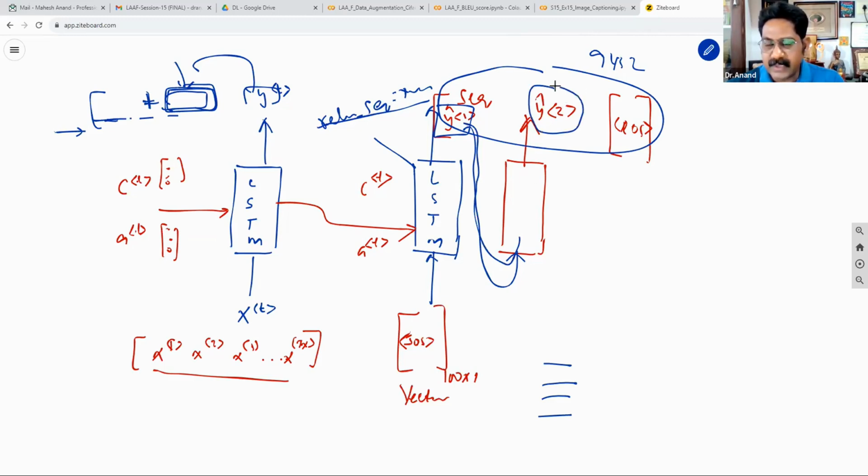So when this y cap of 2 is predicted, the question is which token should be predicted here, given SOS. In our previous example we used lessee: SOS and lessee give a high probability for tomber. So after lessee, it produces tomber, and so on.